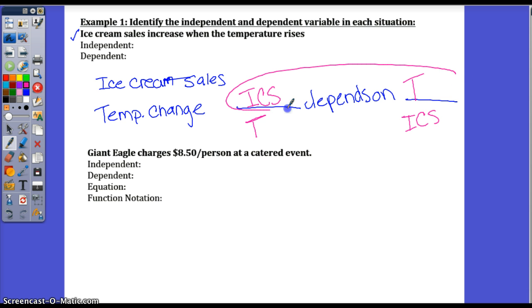I would definitely say this first one. So we know that ice cream sales is my dependent variable. I always do that one first. Because if it's colder, you're not going to sell as much ice cream. The ice cream sales, they absolutely depend on the temperature. Think a hot day, it's a lot more crowded.